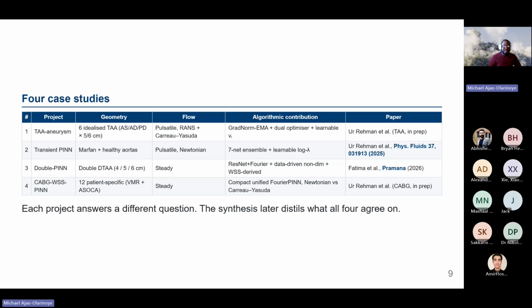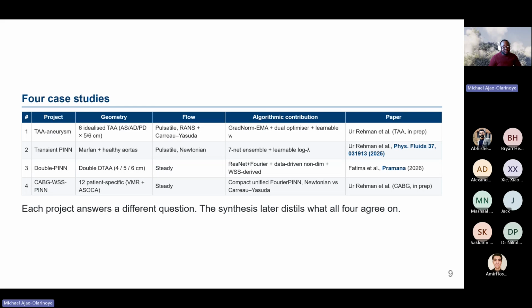Now, the algorithmic contributions that we made to this particular work: we used the gradient norm algorithm to balance out the weights of solving the physics-informed equations. We also made use of a dual optimizer technique, whereby we optimize two different neural networks together to get a certain outcome, and we're able to learn the velocity and the viscosity aspect of it also.